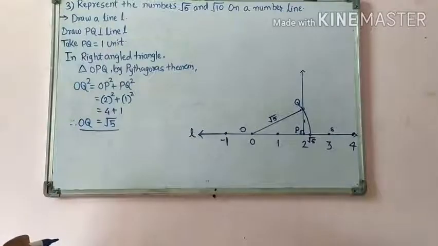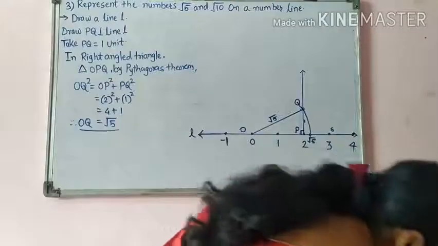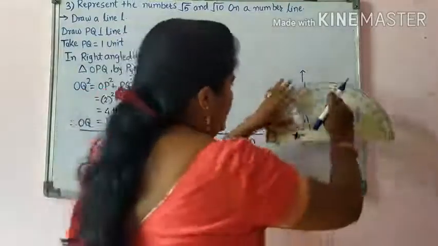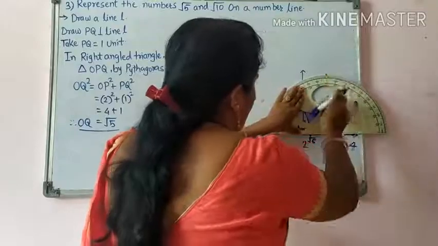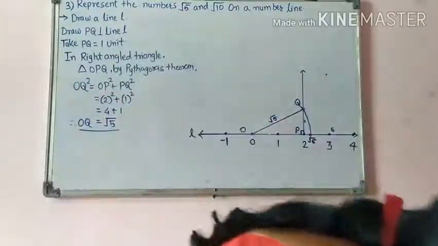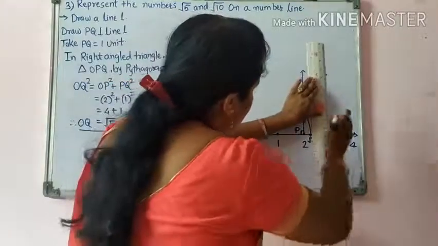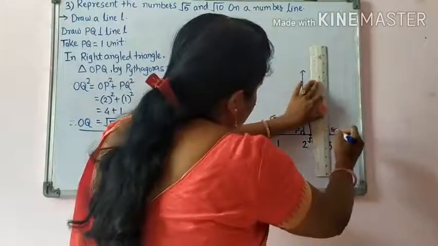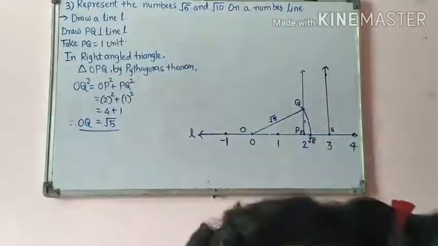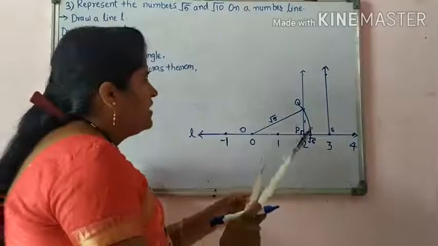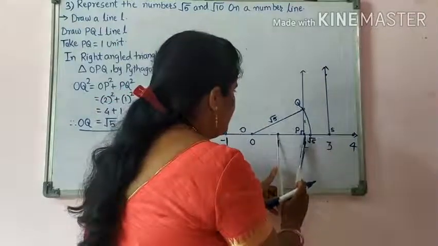Another one is root 10. Similarly for this square root of 10, again draw an angle of 90 degrees. Here from this point 3, we shall draw an angle of 90 degrees. Again here, take 1 unit distance in your compass, the distance between any 2 points, like this.